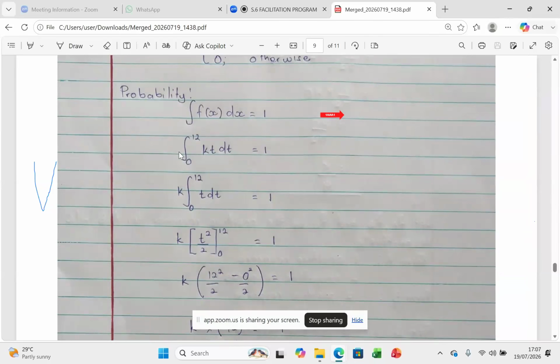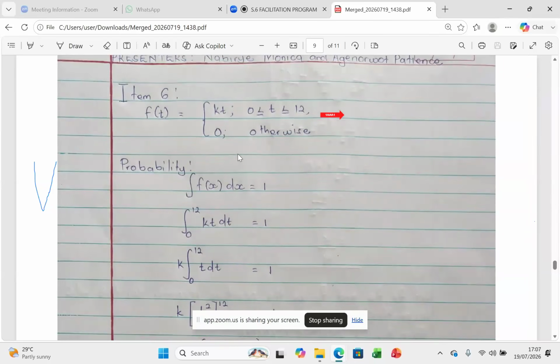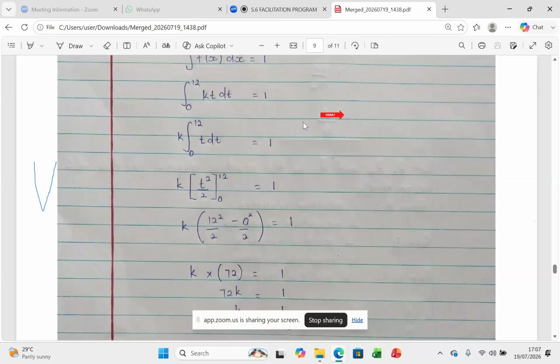To find the constant k, we used the limits 0 to 12, so we wrote the integral from 0 to 12.